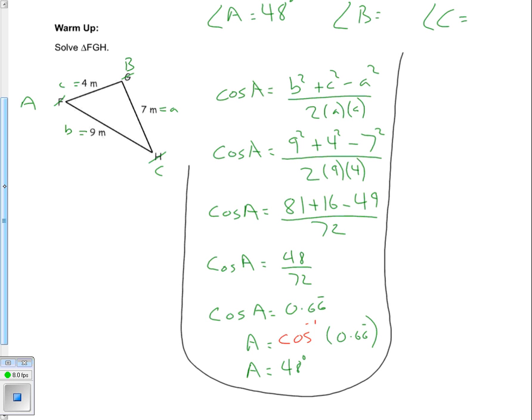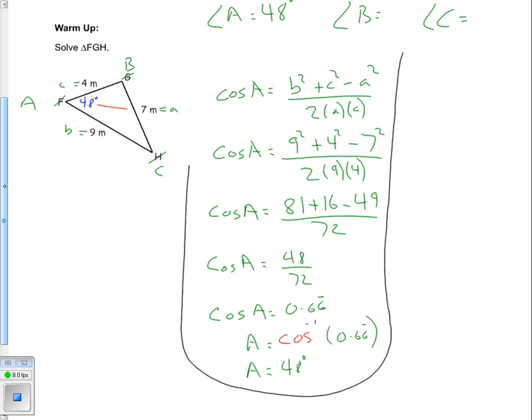Well, if we know that angle A is 48 degrees, we now actually have a side angle pairing right here. So let's actually use the sine law, because we haven't gone back to the sine law in a little while.